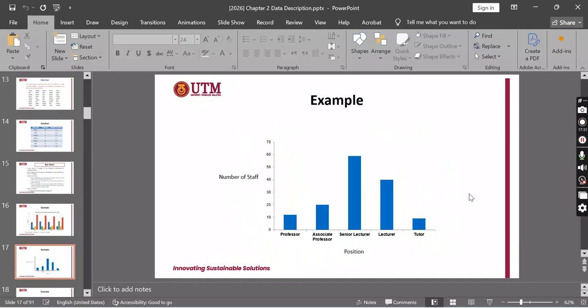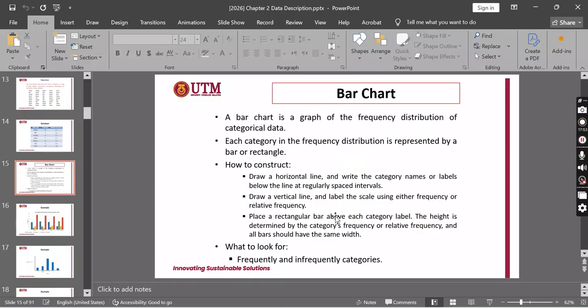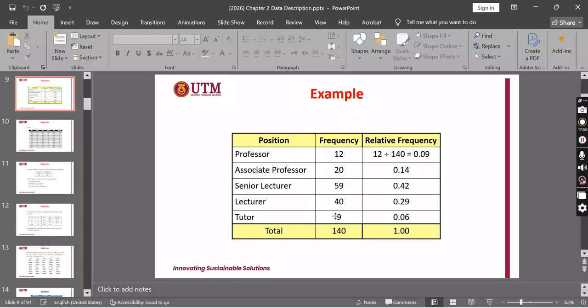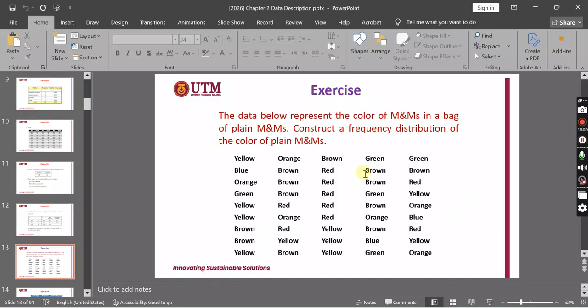If we take the previous example that we talked about, the position, how many professors we have among 140 in the School of Computing, we had 10. When we solved it, we had 10. So if we show the table in a bar chart, it will be like this.